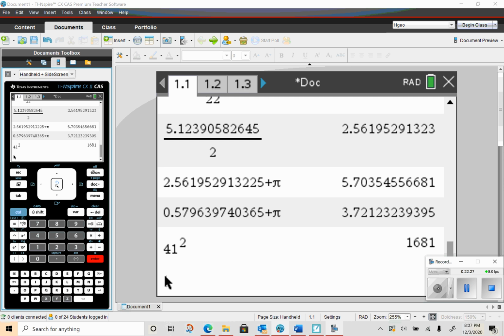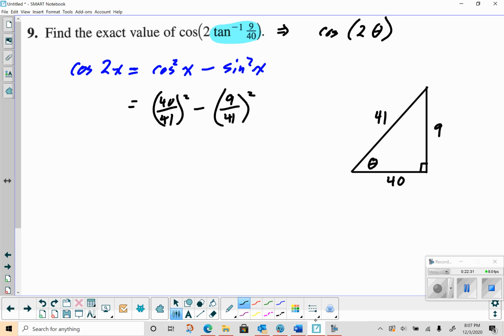If I take 41 and square it, that gives me 1681. So 40 squared, well, 4 squared is 16. There's one 0. I'm squaring it, so I double the number of zeros. Nine squared is 81.